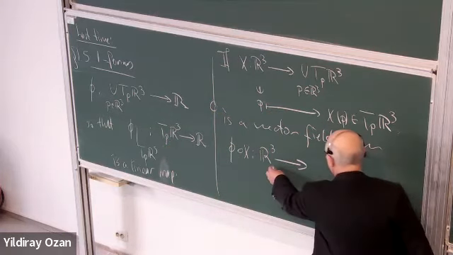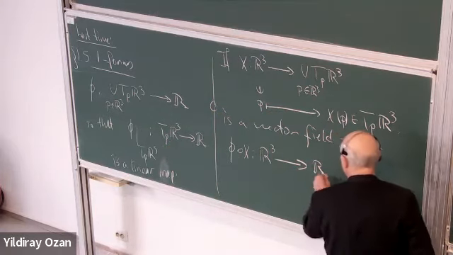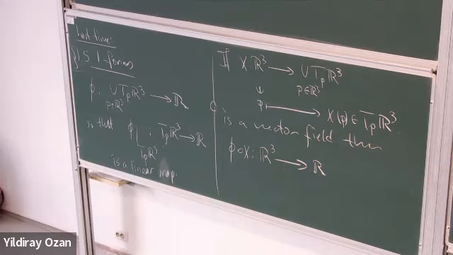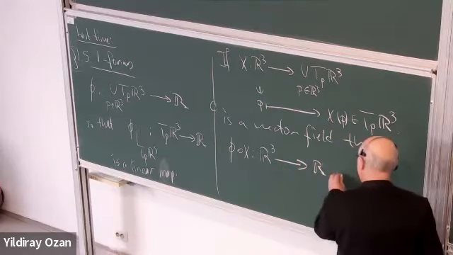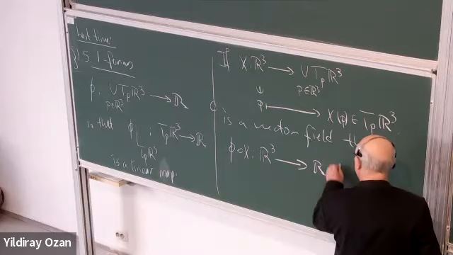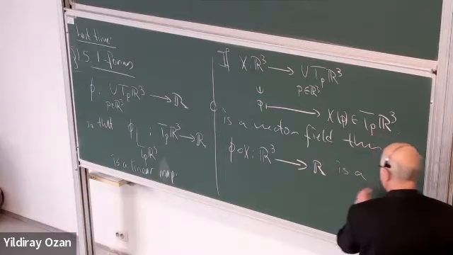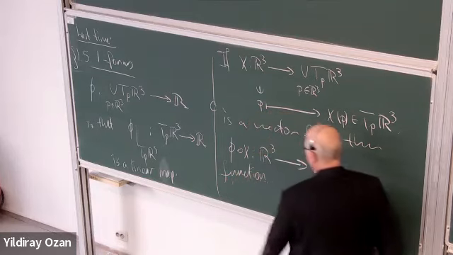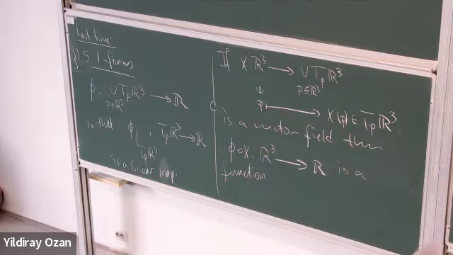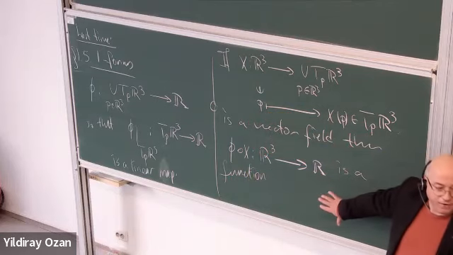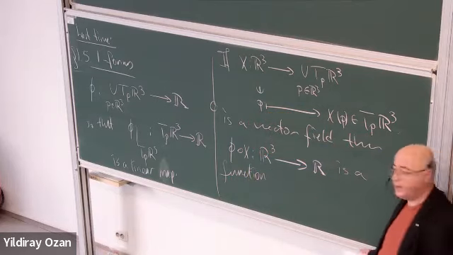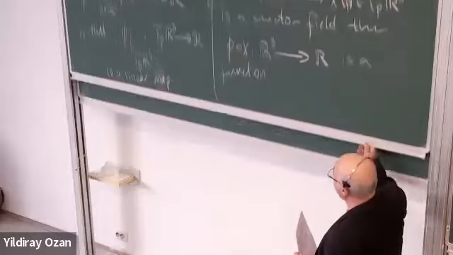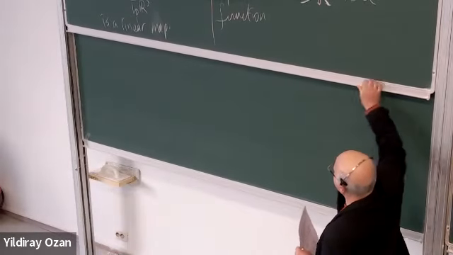So the composition is a function, okay, from R3 into R. I guess last time I gave one example about this, right? Now let me give you one more example.